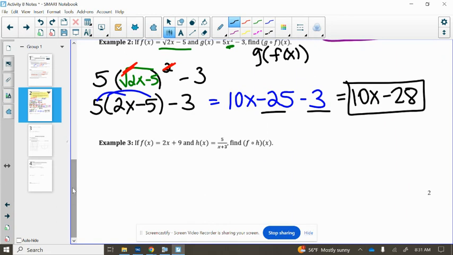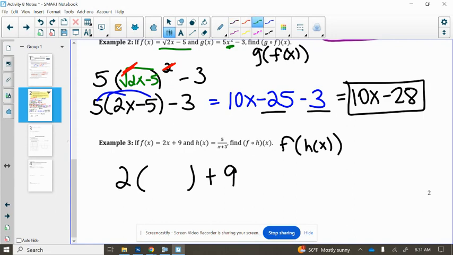Last example on this page is looking for f of h of x this time. So this time our outer function is f of x. So we have 2 times x plus 9. And anywhere we see an x in that outer function, we are going to plug in our h of x, right? So where we had this x is now 5 over x plus 3.